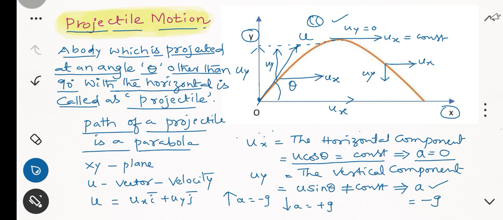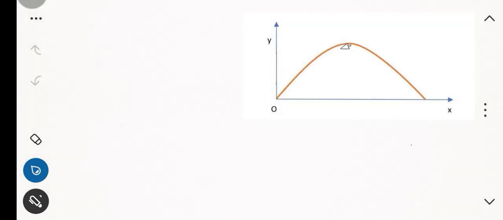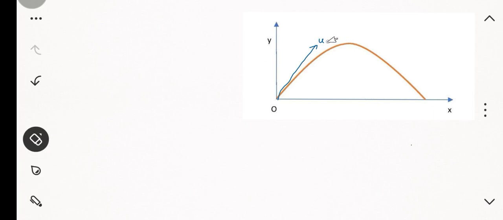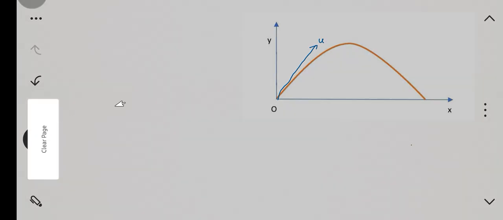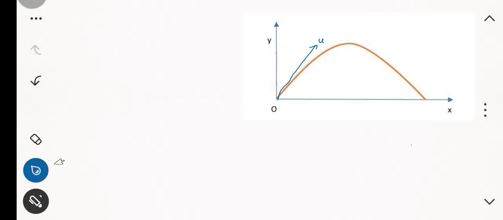We have already depicted that u is the initial velocity, and ux is the horizontal component whose value is u cos theta. Here theta is the angle made by the projectile with the horizontal, and uy is equal to u sin theta.